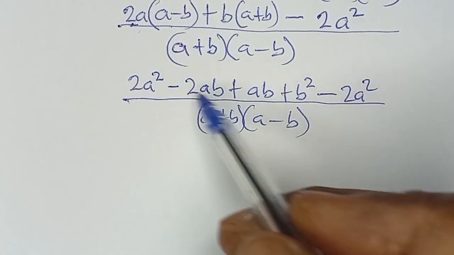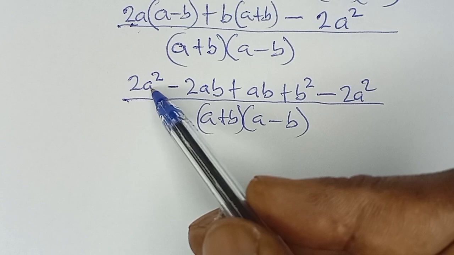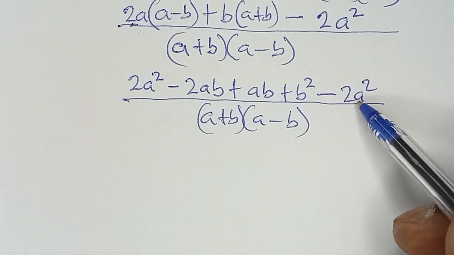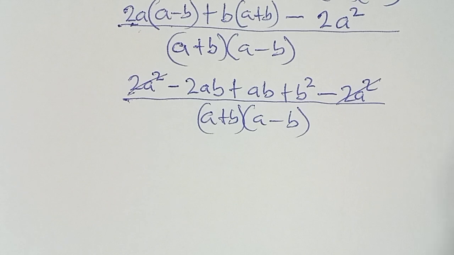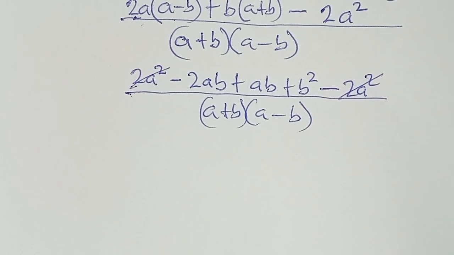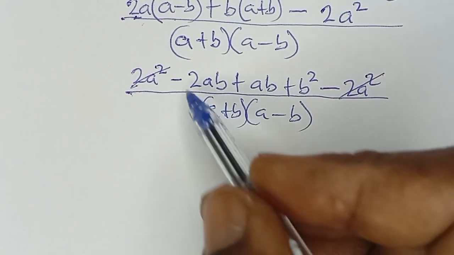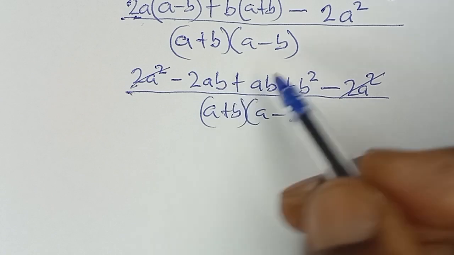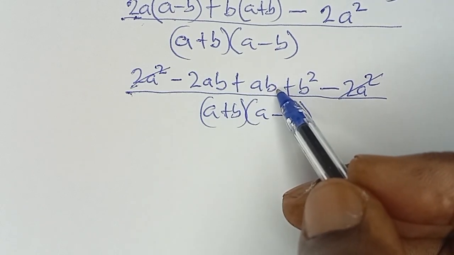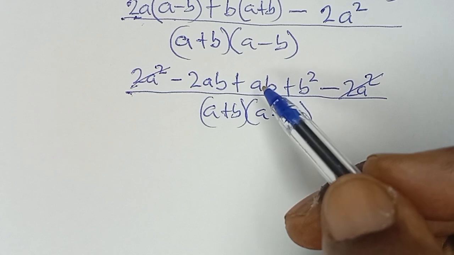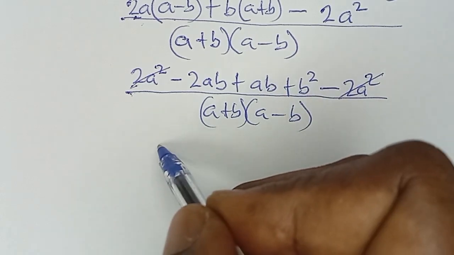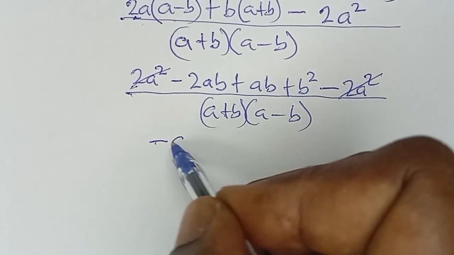Now, collecting terms here, this is 2a square minus 2a square, which will give us 0. So that has cancelled out. Then I have negative 2ab plus ab as like terms. So negative 2ab plus ab will give us negative 1ab, which is the same thing as negative ab.